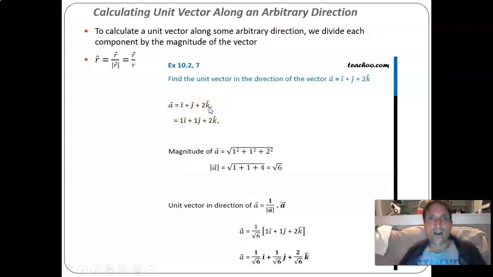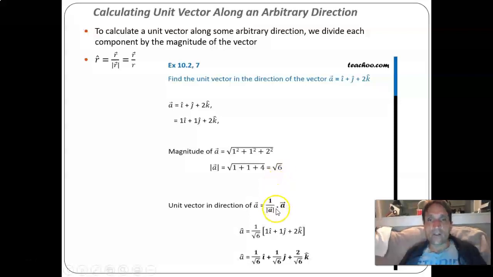To do that, we just take each component and divide by its magnitude. And to get the magnitude, we use Pythagorean's theorem. 1 squared plus 1 squared plus 2 squared is the square root of 1 plus 1 is 2, 2 plus 4 is 6. So the magnitude of this vector is the square root of 6.